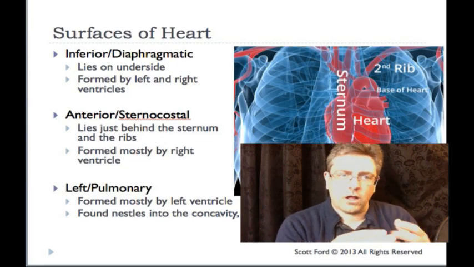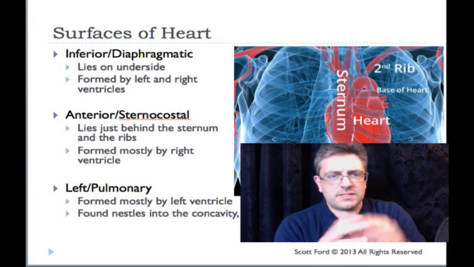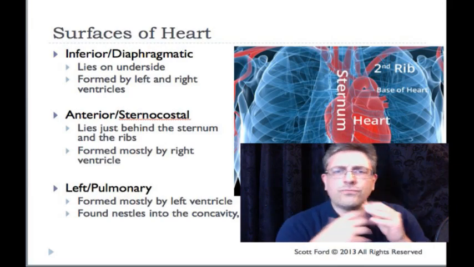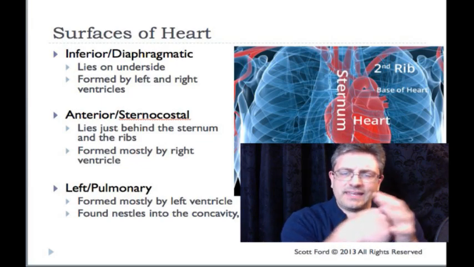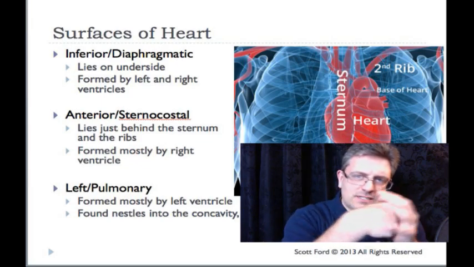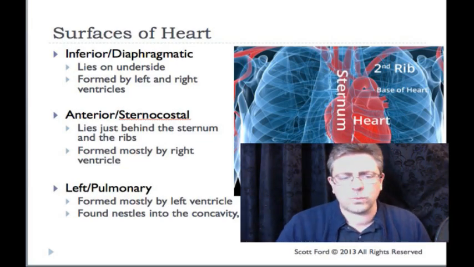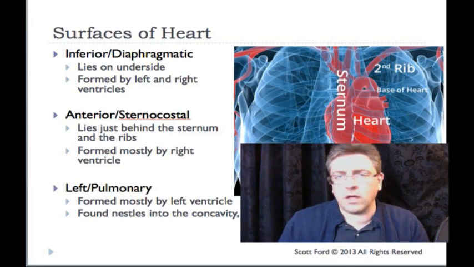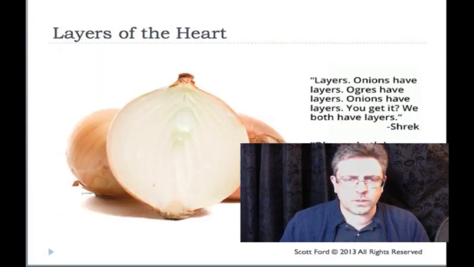The left lung also has this indentation, this kind of catcher's mitt for the heart. The heart rests right in that catcher's mitt area, into that pushed-in surface. That's where the heart is going to rest into, which is also why the left lung doesn't have 3 lobes. It only has 2 lobes.